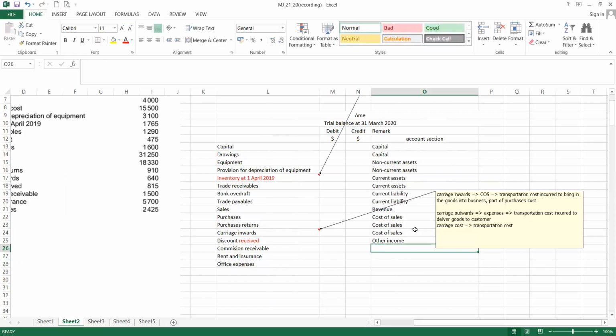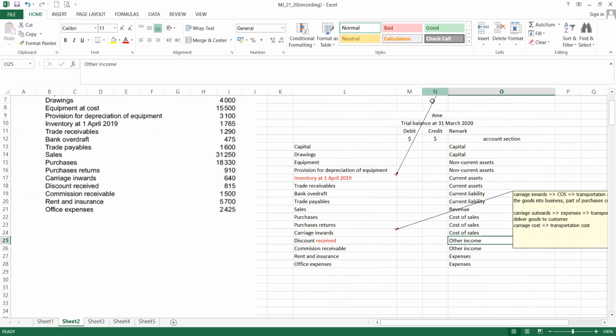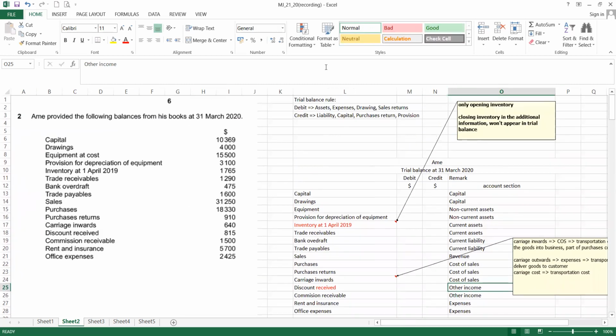Commission receivable is also under the other income section. Next is rent and insurance under expenses, which you need to pay every year. Office expenses, with expenses behind, is understood as an expense. So once we are clear with all the sections, it is easier for us to fill in the numbers, because the basic rule is telling us.